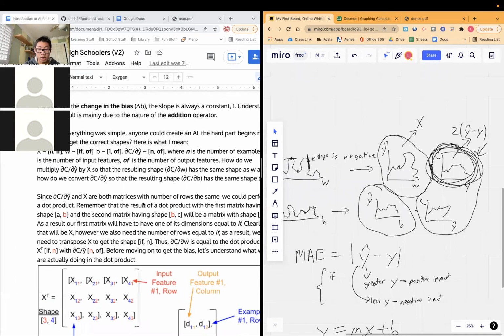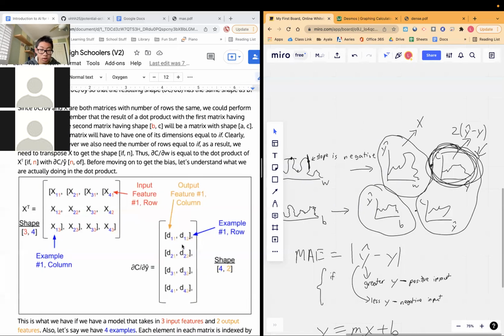Because of that, if we are going to multiply these things together, this is going to be a matrix and its shape is defined by row, column. You guys can't even see that.